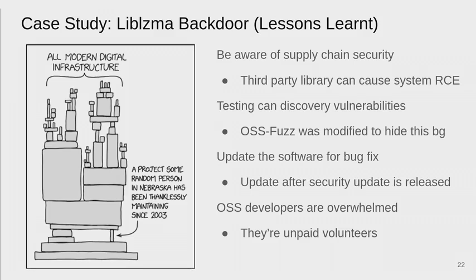So some of the lessons learned: be aware of supply chain security. Right? Security is important. And a third-party library can cause remote code execution because everything is running at the same privileges. Testing can discover vulnerabilities, and interestingly, OSS-Fuzz, one of the open source initiatives that Google is running to ensure and protect the open source ecosystem, was modified to not find this bug, to actually hide this backdoor.